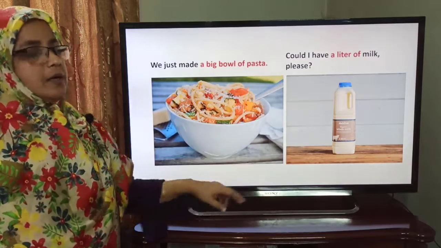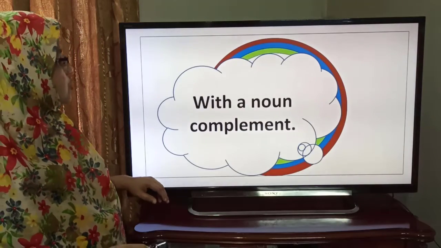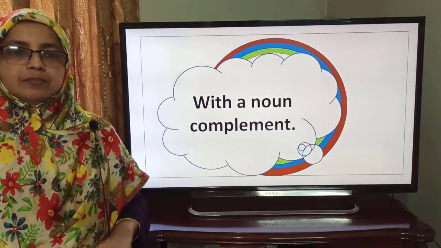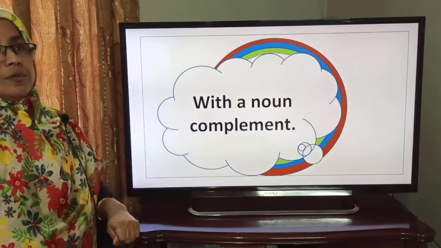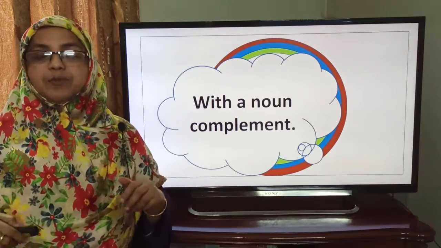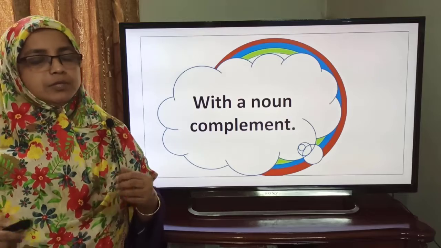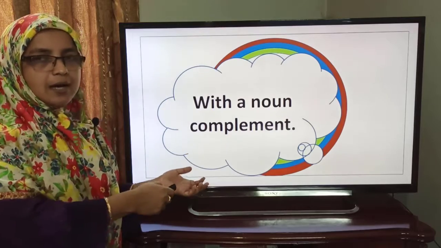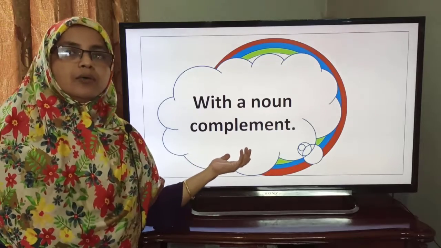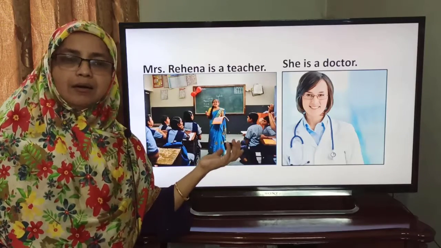Okay, let's move to another rule, with a noun complement. Sometimes we use it to express profession: she is a doctor, she is an engineer, she is a teacher, she is a nurse. For this complement we use the article a or an.